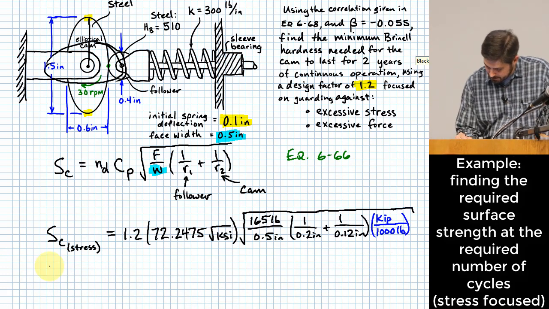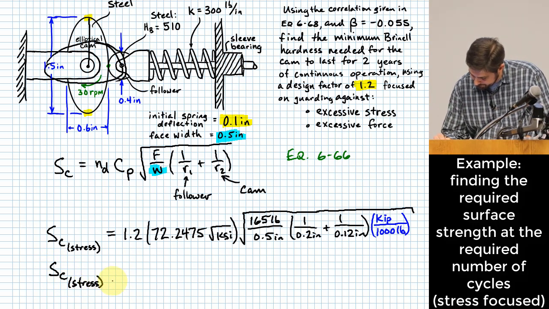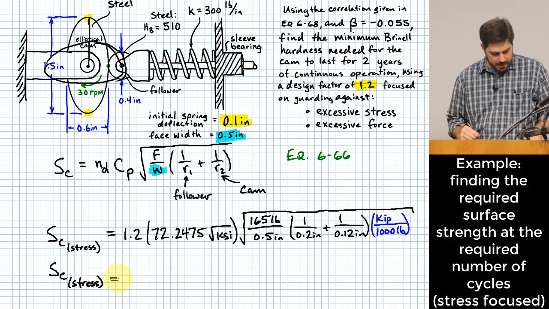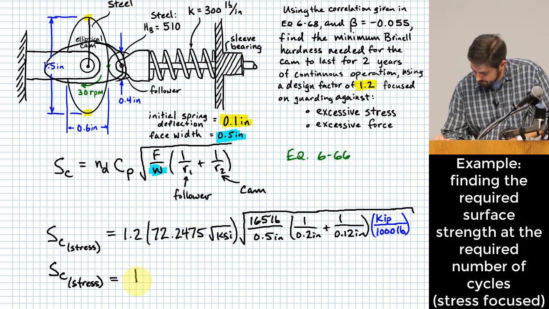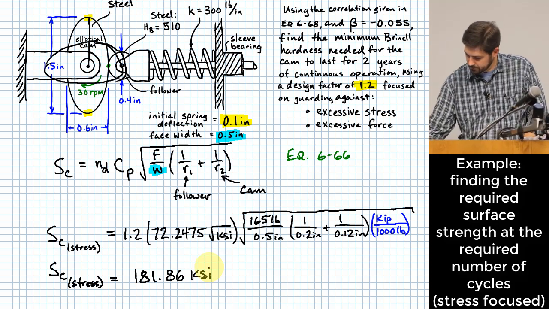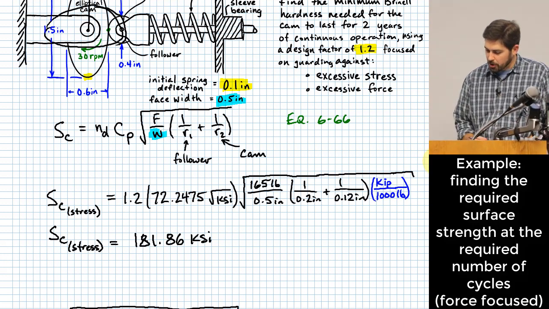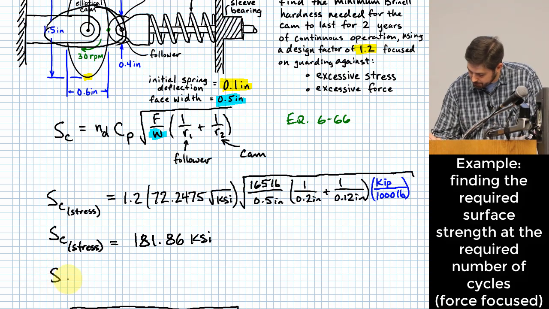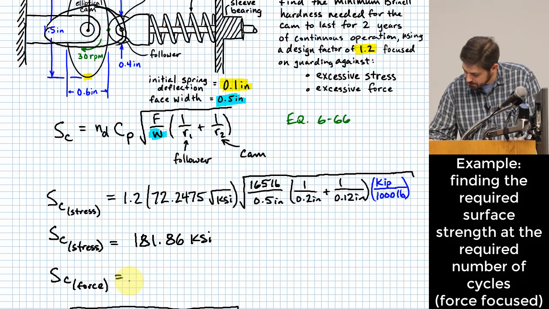All right, so this S sub C value focused on guarding against excessive stress is going to be, let's see, 181.86 KSI. And what if I want to guard against excessive force? Well, it's very similar. In this case we take the square root of 1.2 and the rest stays the same.